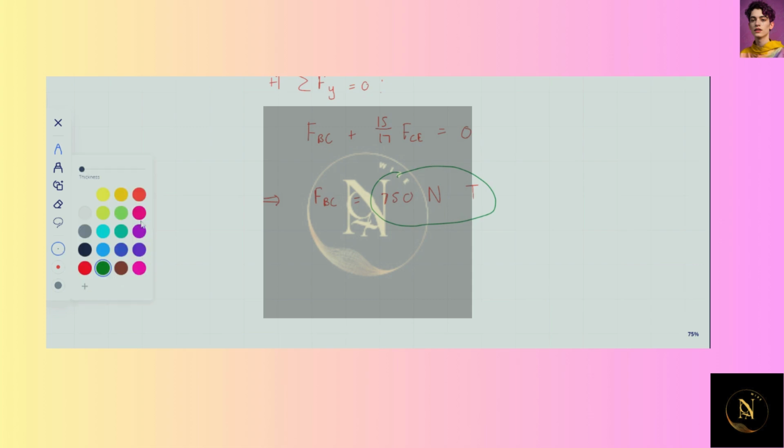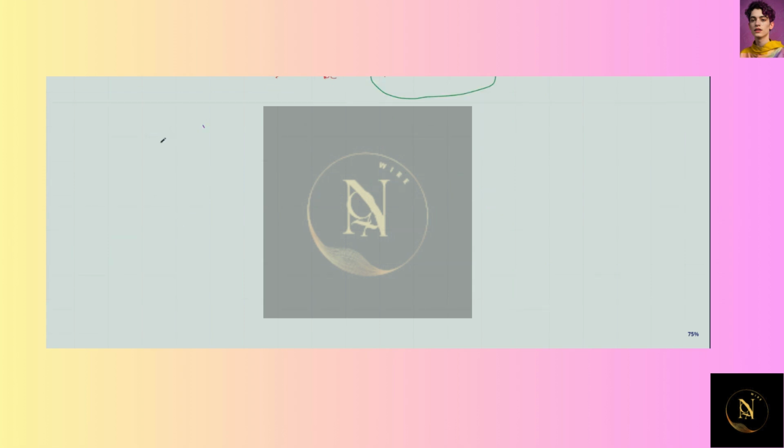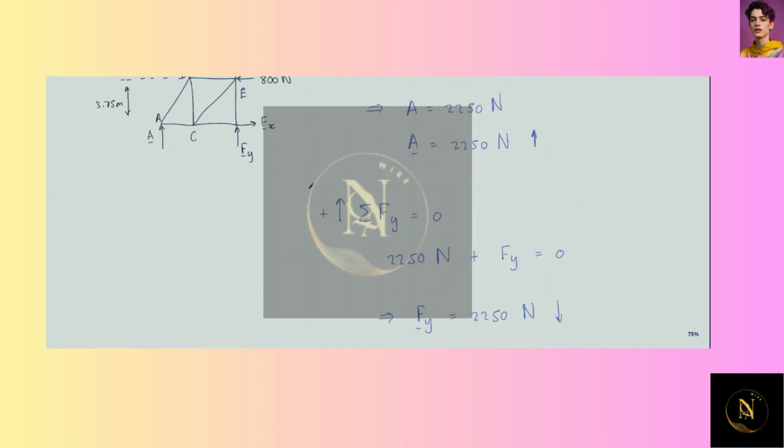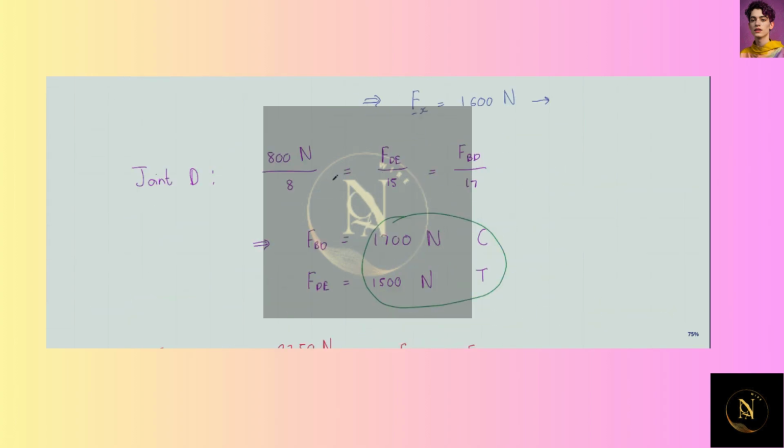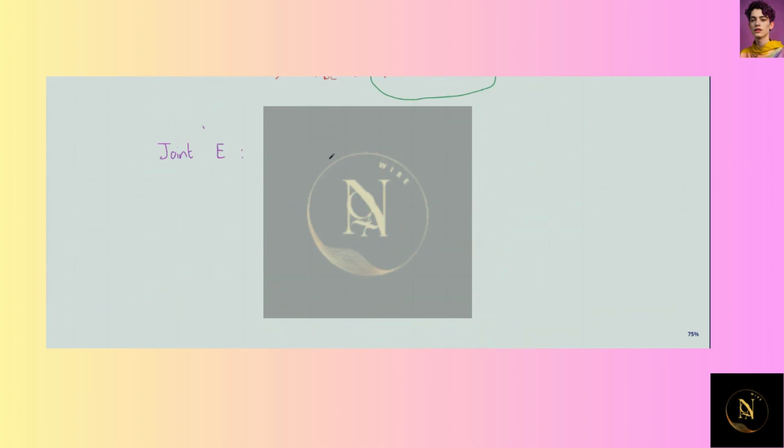Now finally, we have joint E, and we have a free body diagram for joint E as well. From the free body diagram of joint E that is circled, again taking the right direction as positive, the sum of the forces in the x direction must equal 0.